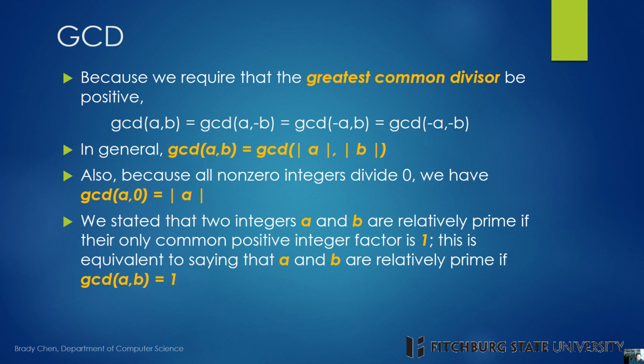Now, because we require that the greatest common divisor be a positive number, let's say a is 8, b is 12.